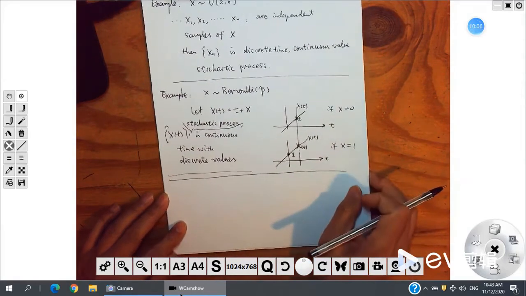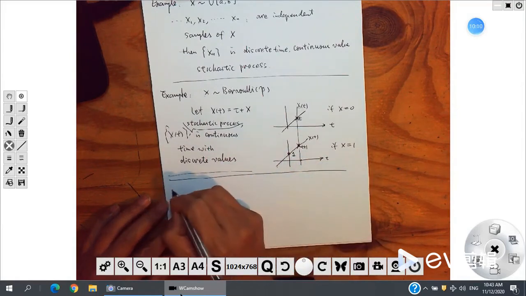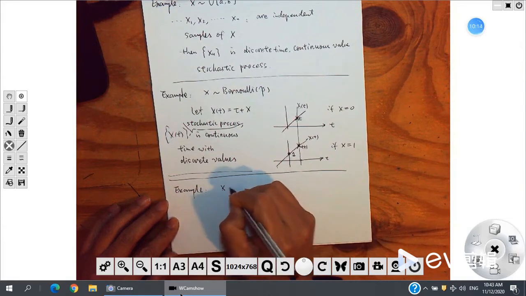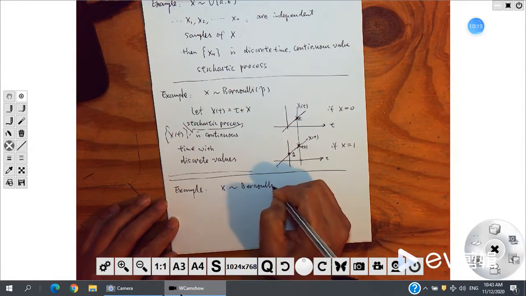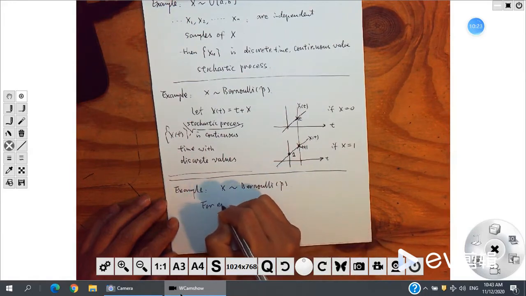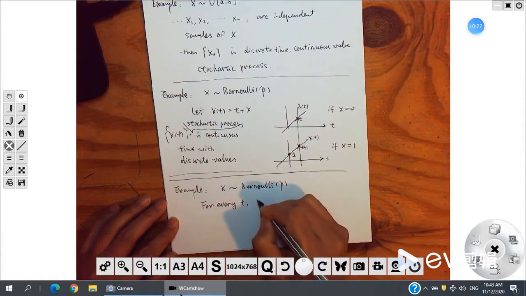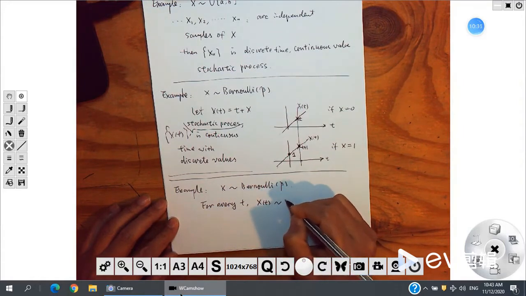We can still use this one, but this time, for example, x is a Bernoulli with parameter P. For every t, let xt also obey Bernoulli.